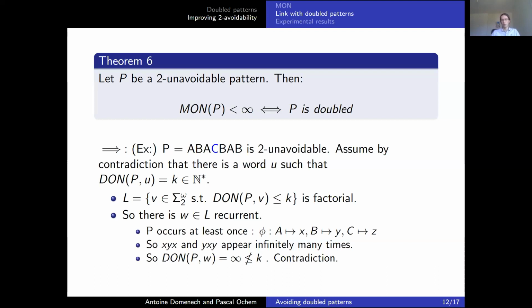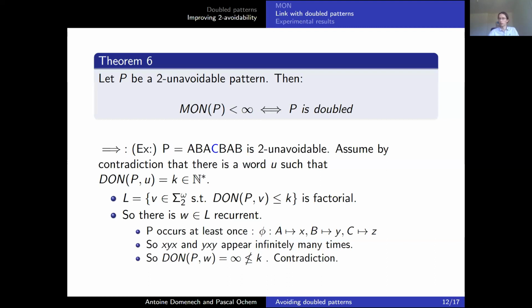Then you map BAB to the YXY that you can take as far right in the word as you want. You map C to what's between those occurrences, and that gives us an infinite number of occurrences of the pattern. But it's a contradiction because our recurrent word is in the language of words that have only a finite number of occurrences. So it cannot be infinite. It's a contradiction. So that's for the direct implication.